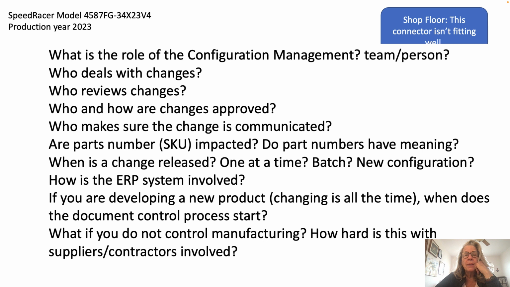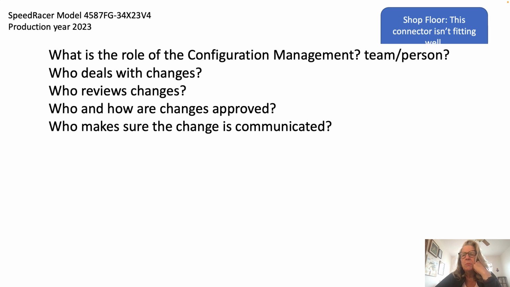So we're going to look at these things group by group. The role of configuration management, who deals with changes, who reviews changes, who and how are changes approved, and who makes sure the change is communicated. So this is all management of the process of changing when a change happens.